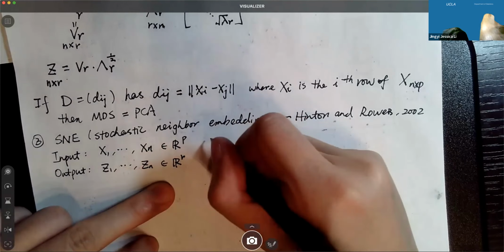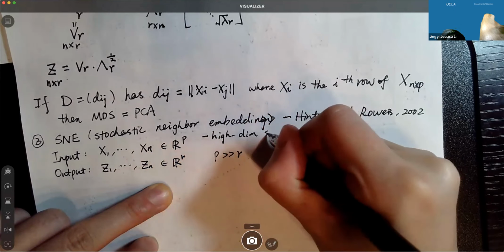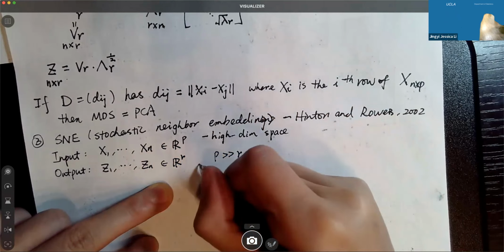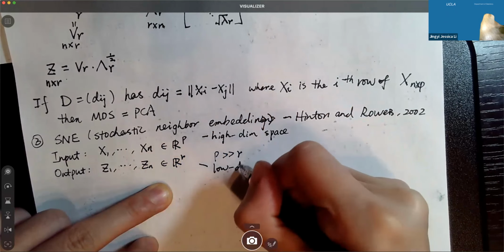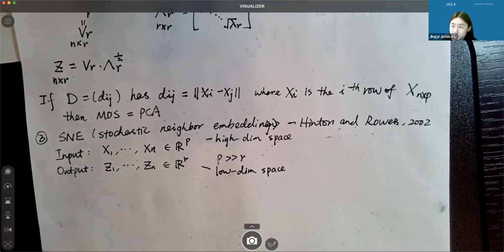So let me call this the high dimensional space. Again, this is the low dimensional space. It will try to convert the pairwise distances between 2 observations in the high dimensional space into a density.